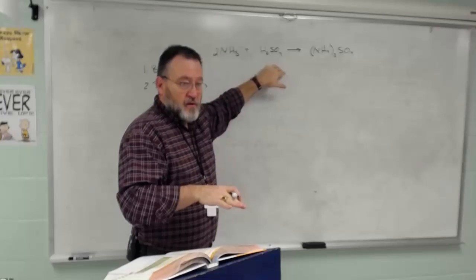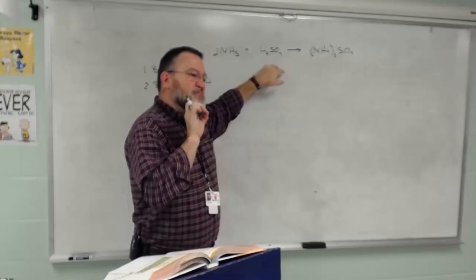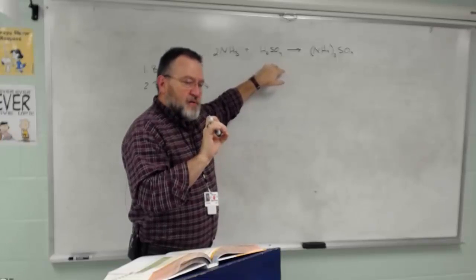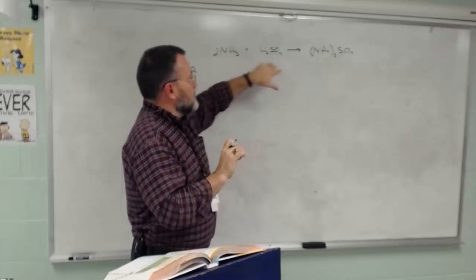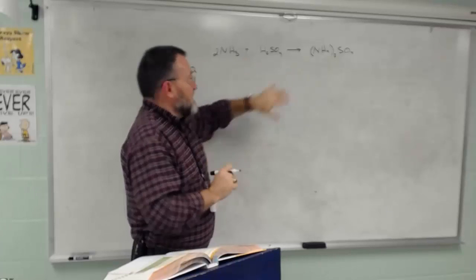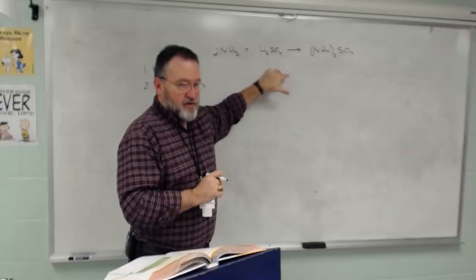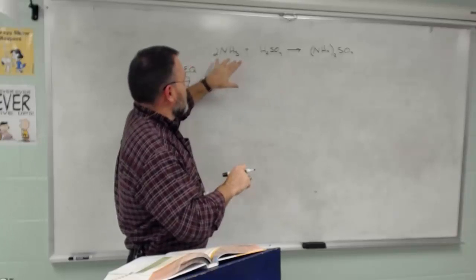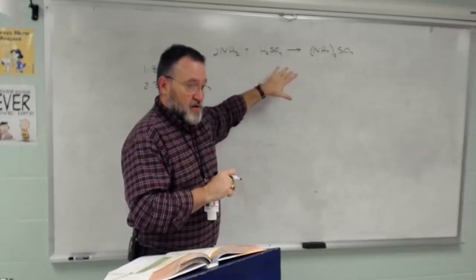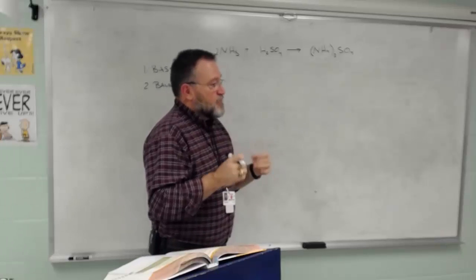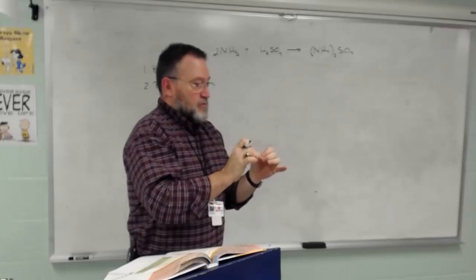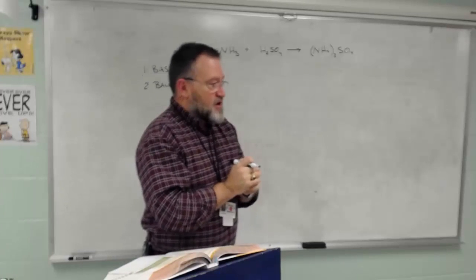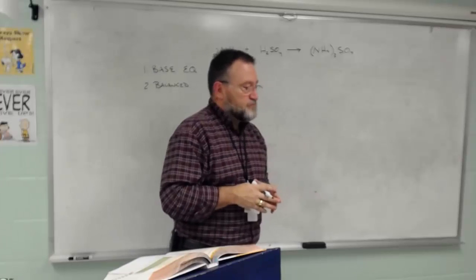No. It's not in the mass. It's in how many pieces you have. It is correct to say 2 molecules and 1 molecule. It is correct to say 2 moles of molecules and 1 mole of molecules. It's not correct to say 2 grams and 1 gram. Okay? We're not talking mass. We're talking count. Most commonly with regard to moles.